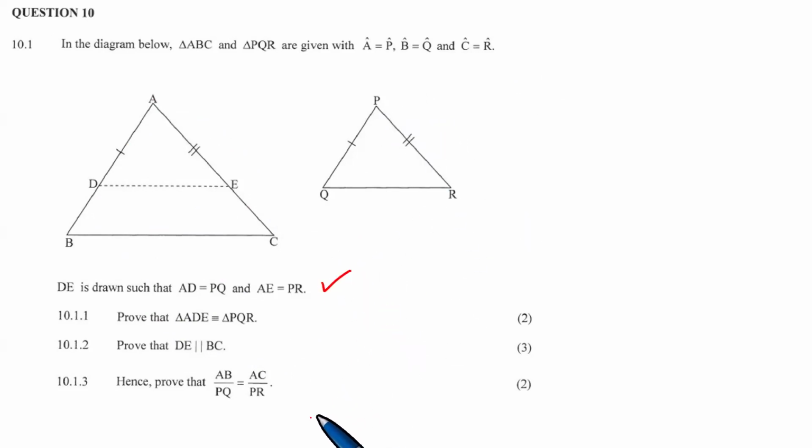We need to prove that triangle ADE is congruent to triangle PQR. 2 marks.